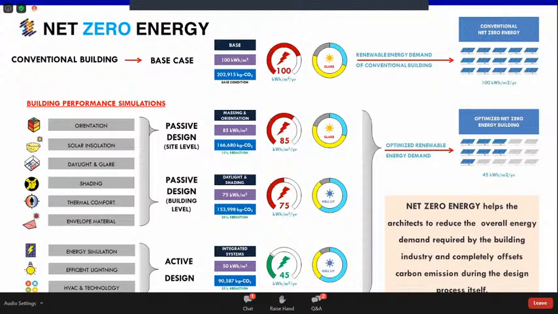But when we reduce the electrical demand of the building with different passive and active strategies, we can reduce it to 45 or 50. We can get a 50% reduction with the rightful selection of materials. So the demand is reduced, and rather than going for 100 kilowatt, we go only for 50 kilowatt, which is more feasible to achieve net zero.